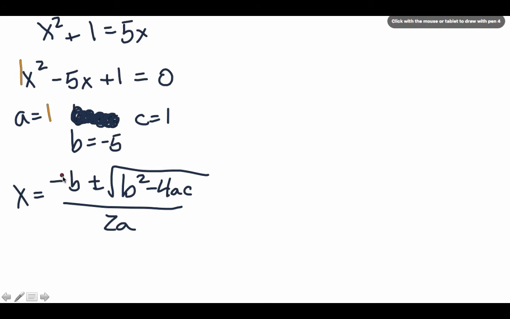Replace those variables with what they are equal to.